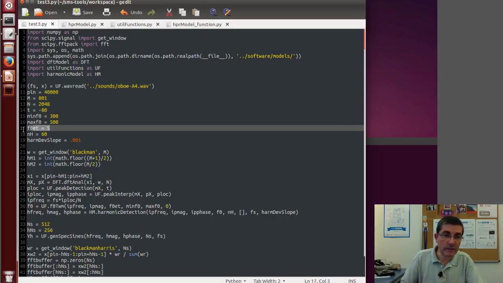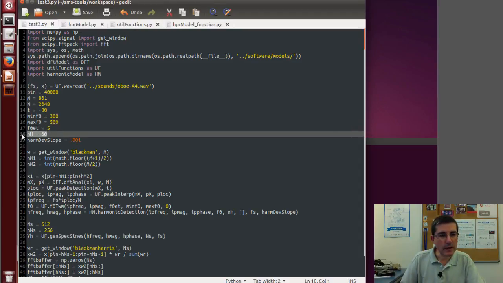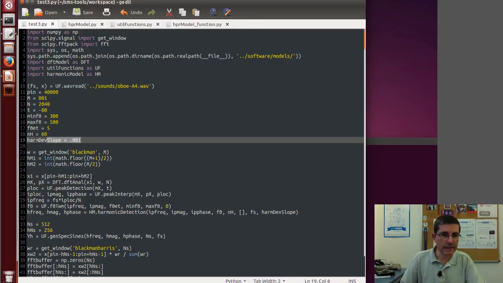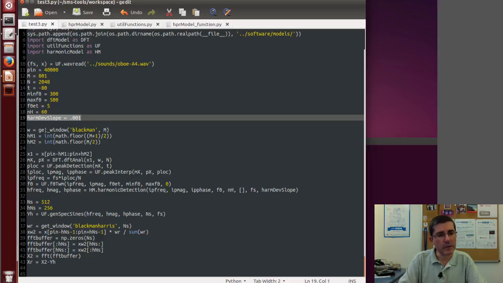Then we need an error threshold to have the lower bound for the algorithm that we are using for F0 detection, the two-way mismatch error function. Then we decide the maximum number of harmonics that we are going to be identifying, and this is the deviation slope that we choose, so that the higher harmonics have a higher degree of deviation than the lower ones.